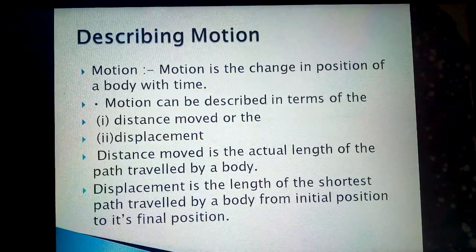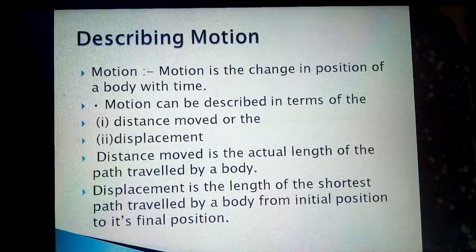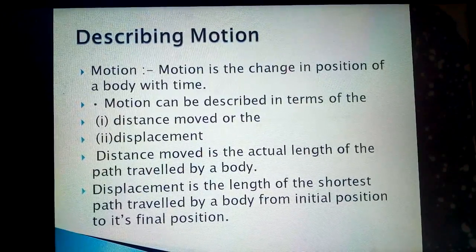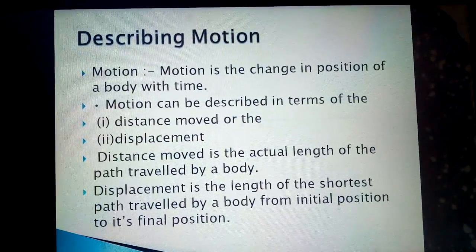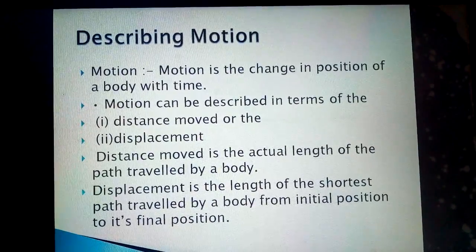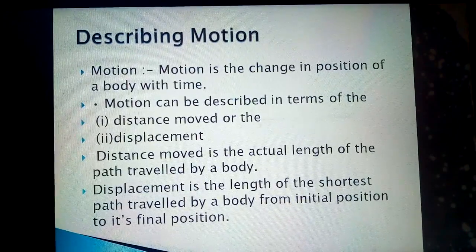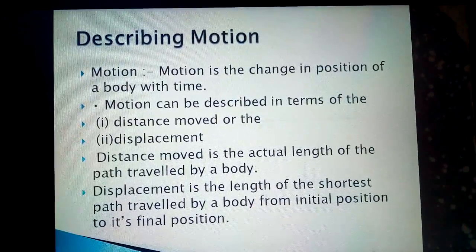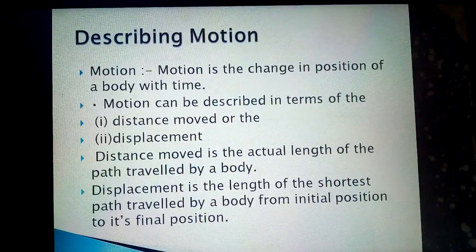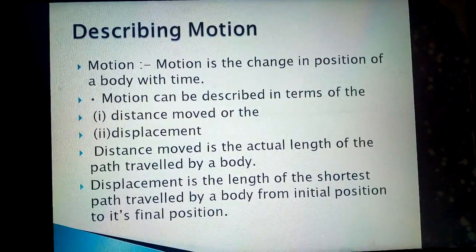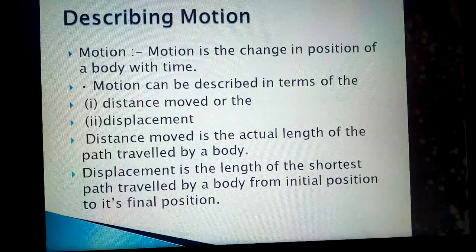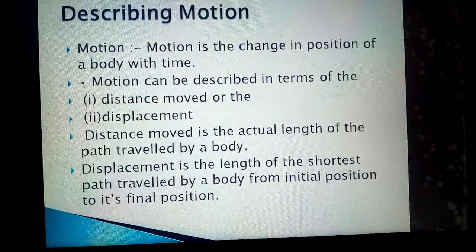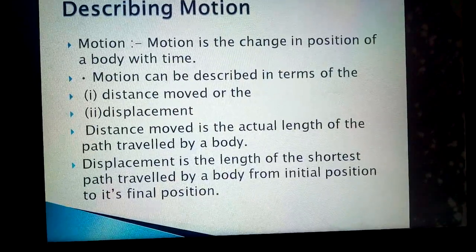How much have I been displaced from the morning after covering this 1000 meters? I can say that my displacement is 0. Why? Because I am back at my home, at my original position, after moving those 1000 meters. So my displacement is 0. So motion can be described in terms of distance as well as displacement.